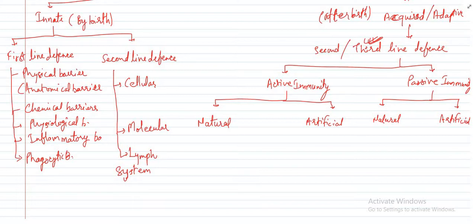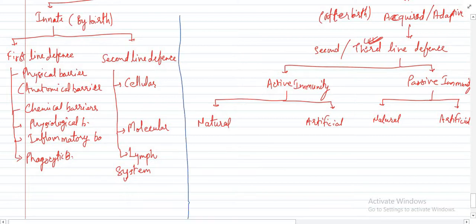So this is a simple flow diagram of immunity, and now we are going to understand how they are connected. As you can see here, both of these are separated, and that's why we say that innate immunity is our own immunity, which we gain by birth.